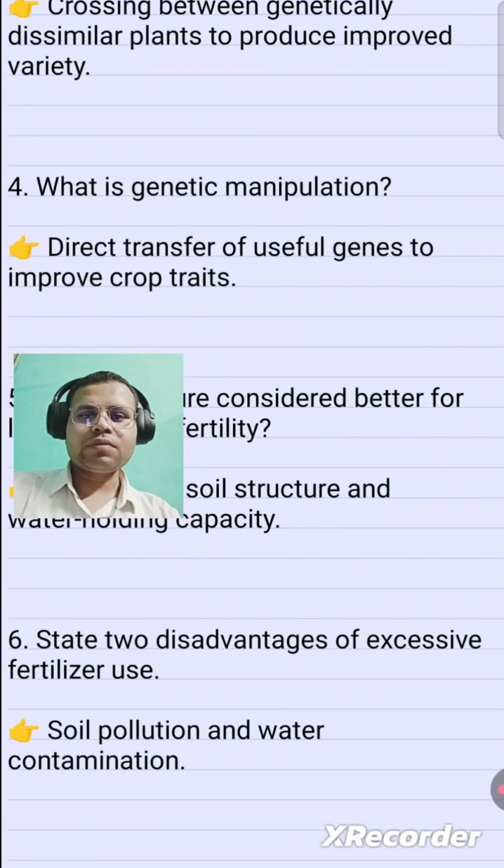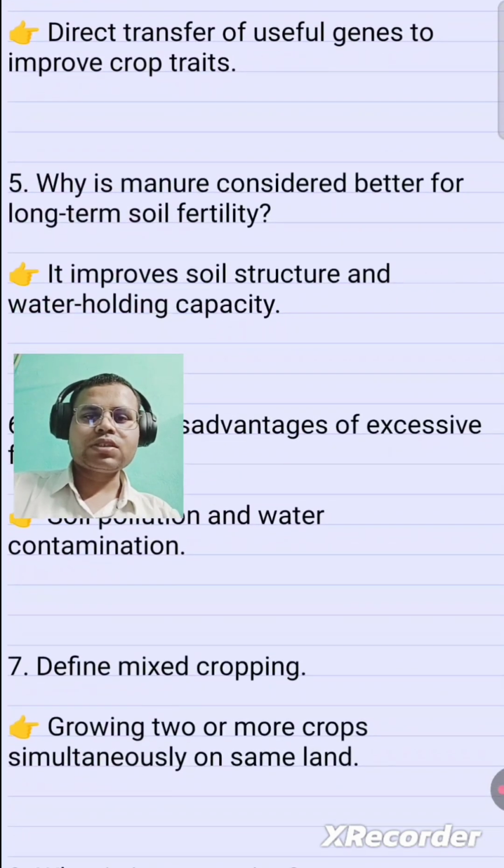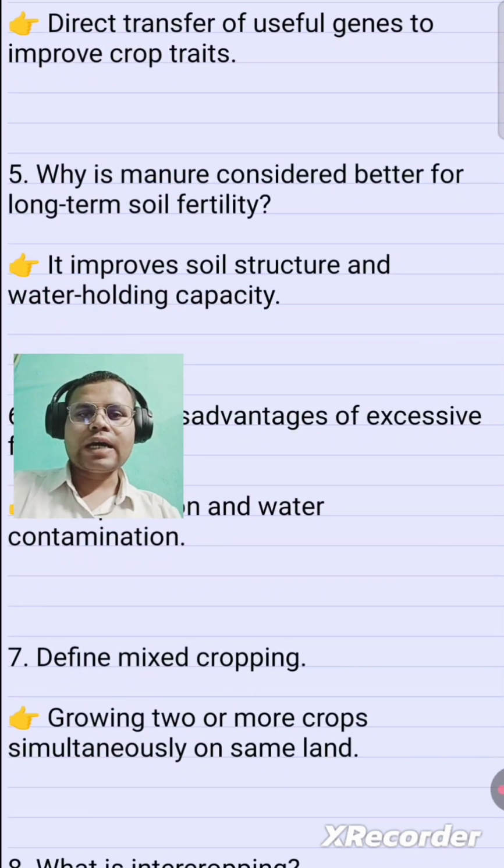Define hybridization. The crossing between genetically dissimilar plants to produce an improved variety is known as hybridization. And what is genetic manipulation? Direct transfer of useful genes to improve crop traits is known as genetic manipulation.